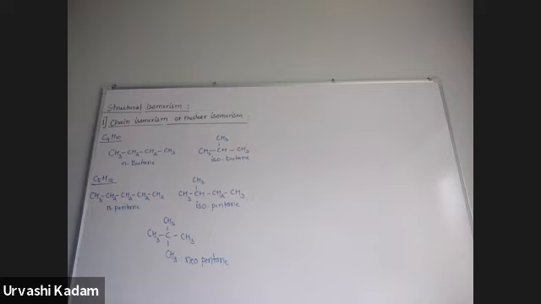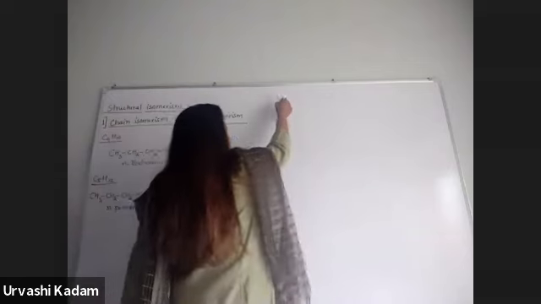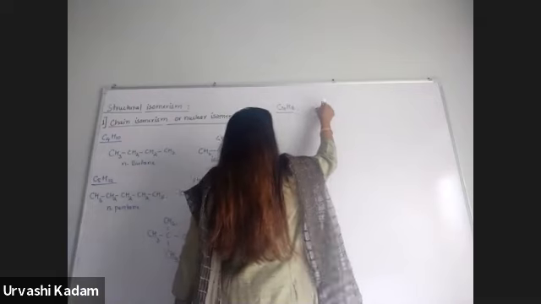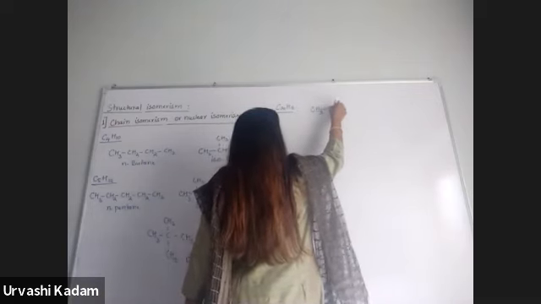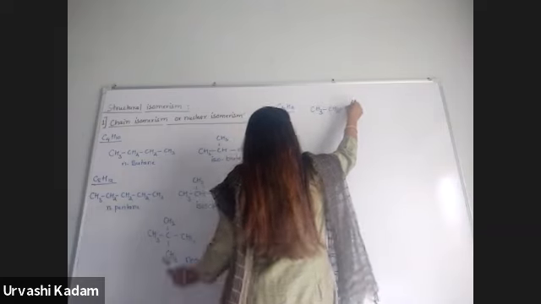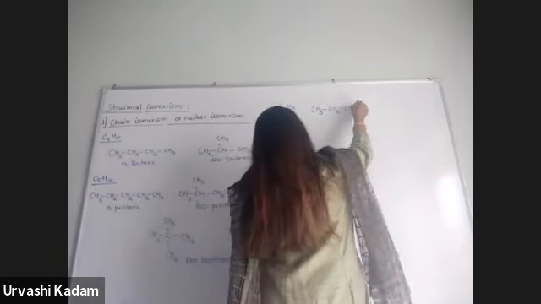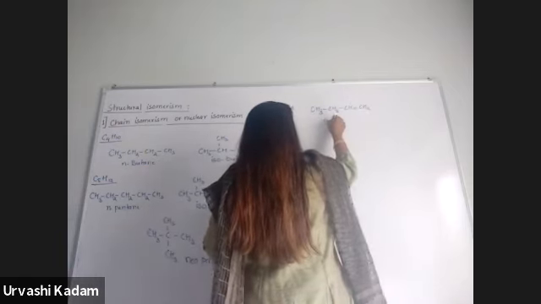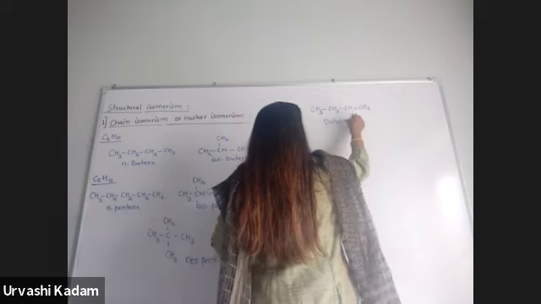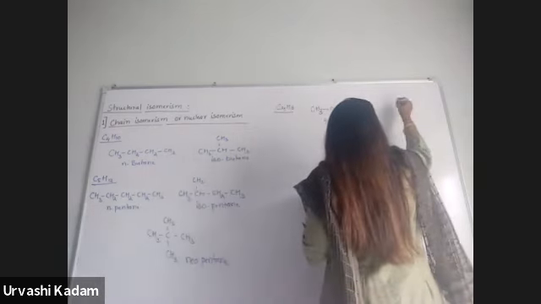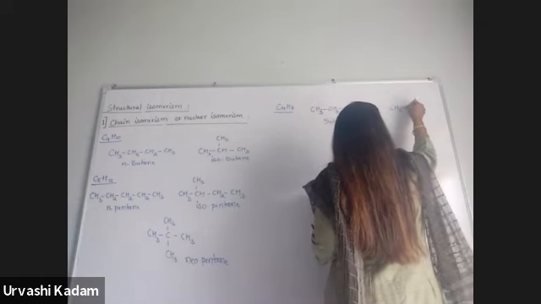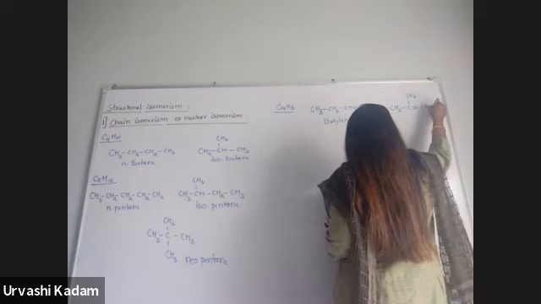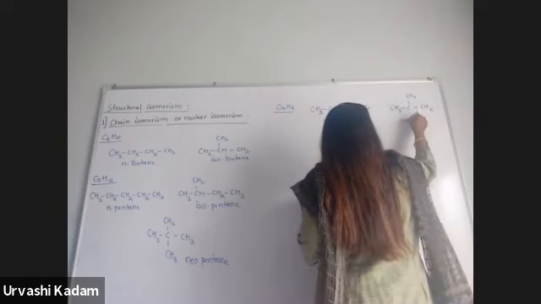The next formula that I'm picking up is of an alkene, C4H8. With this formula, I can have 4 carbons in a straight chain, 1-butene, or butylene, if you want to write the common name, butylene. And its chain isomer will be isobutylene. They differ in carbon chain.